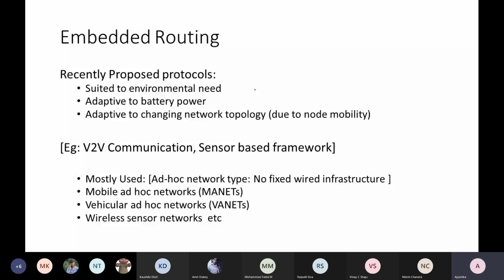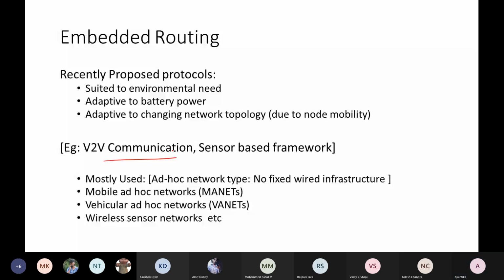Whenever we are thinking about this type of embedded networking, embedded routing, we have to think of the CPS or IoT scenario. Let's say V2V communication. That means you have multiple vehicles communicating with each other, and their locations are changing. They are associated with some sensors.